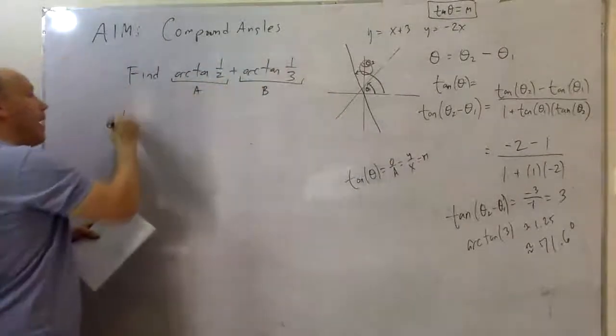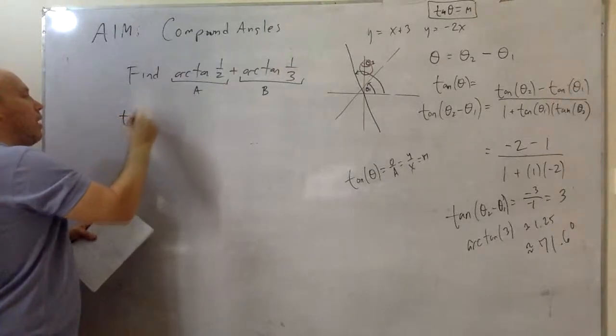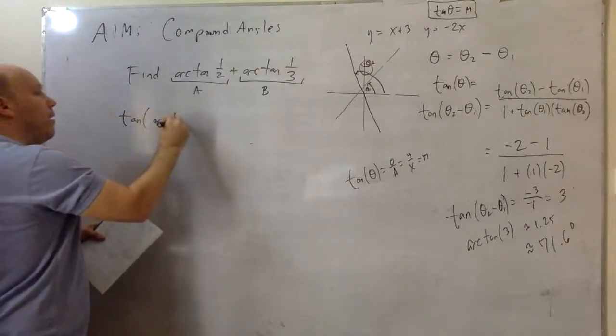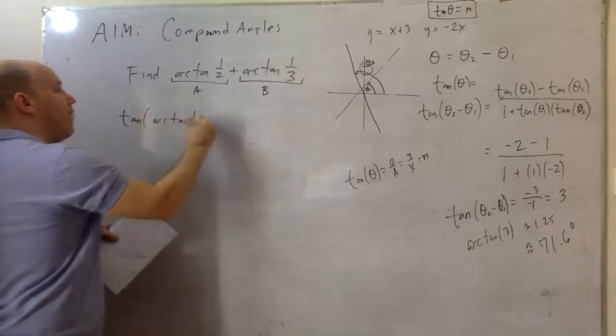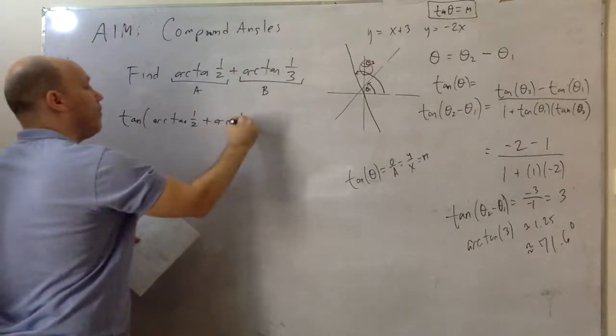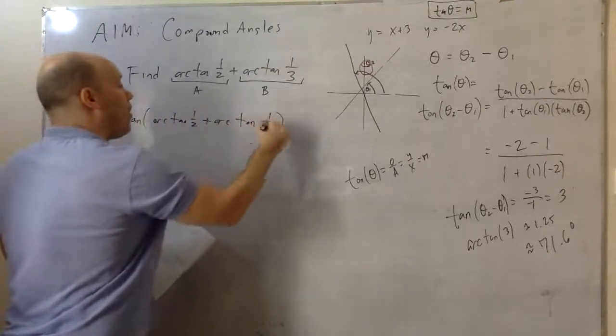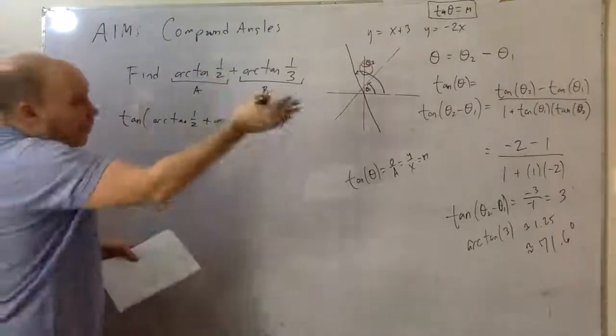So, you know what? If I'm adding angles, I'm going to take the tangent of the arctan of 1/2 plus the arctan of 1/3, and I'm going to use the formula.